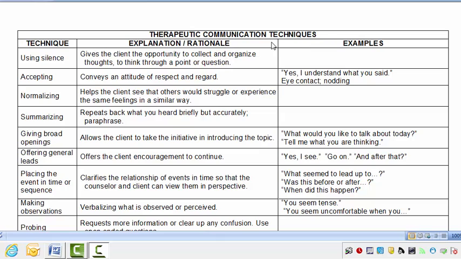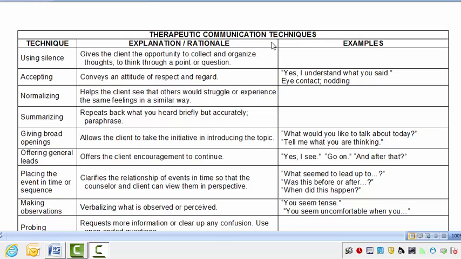And then the next communication technique is giving broad openings. And this is what you're going to do at the very beginning. You want to give them a sentence that lets them know, okay, we're going to talk about whatever it is that you want to talk about. I'm not setting the agenda. You're the one who's setting the agenda.